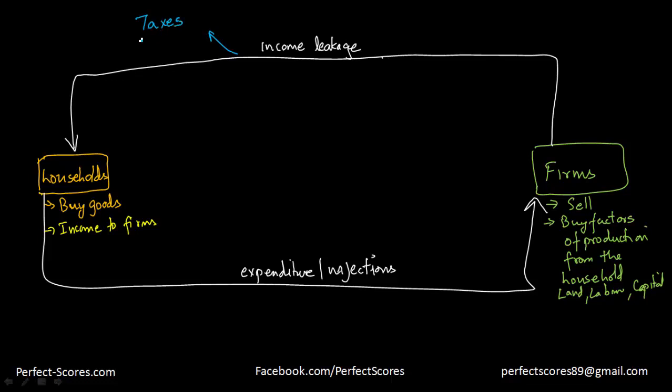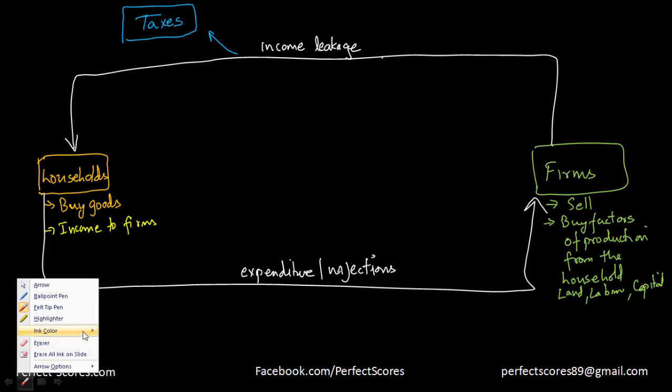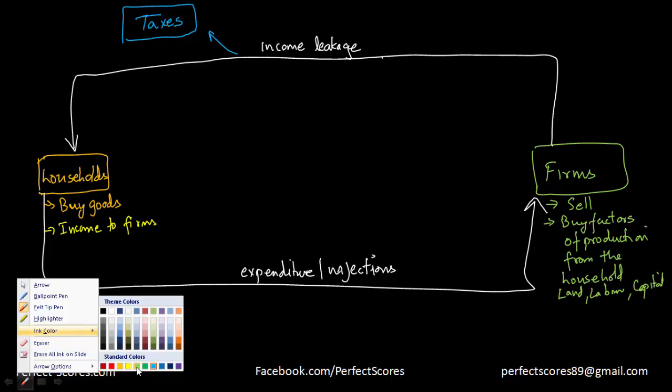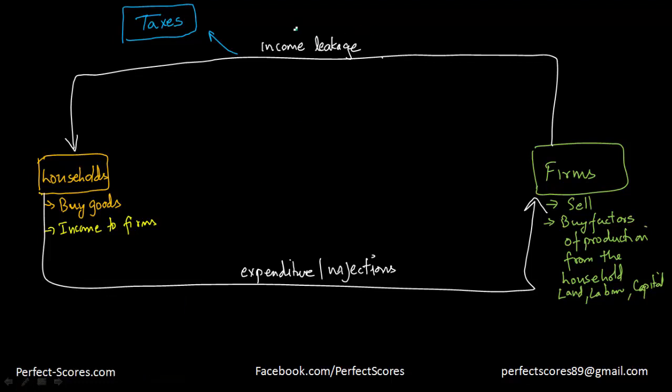That is the first leakage which happens. The firms pay taxes, and the households also pay taxes. The next leakage for the economy comes from buying imports.